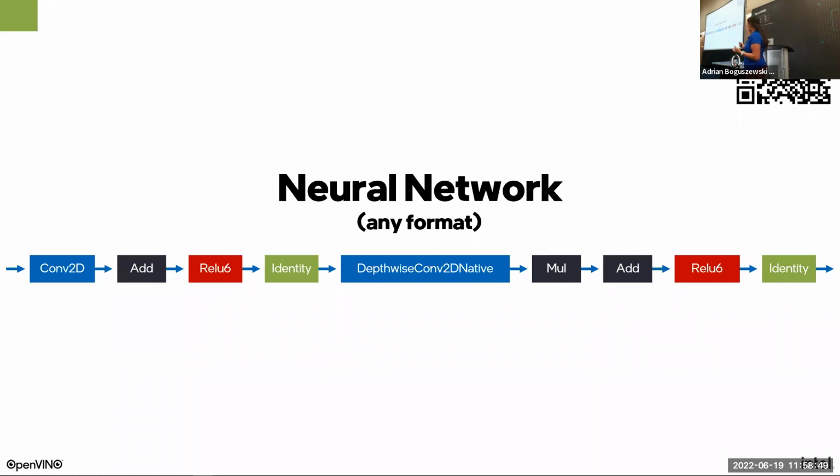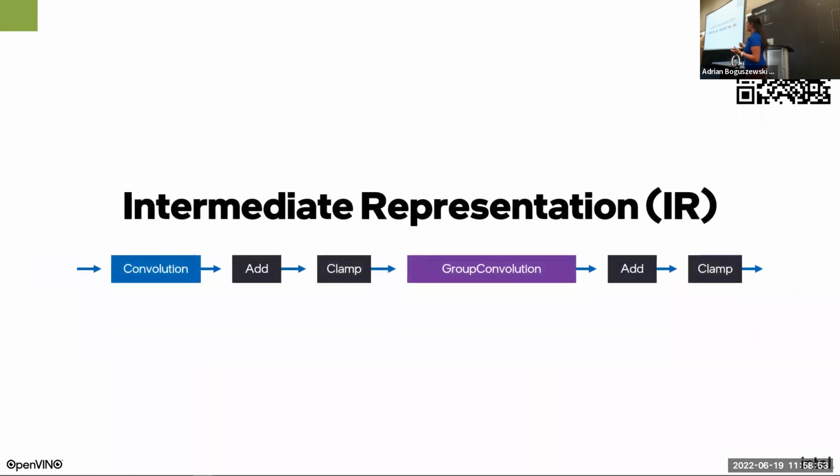So when we have this fusion, you can see a simpler model, but we are keeping the same performance of the model. Model Optimizer doesn't impact the accuracy. This is something super important. We don't impact the accuracy of the original model.